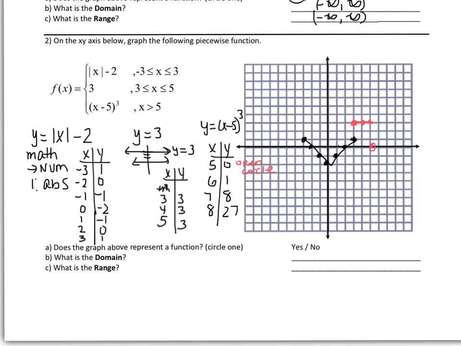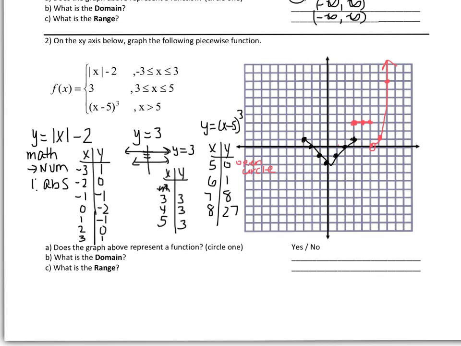Open circle. 6, 1. 7, 8. And that's all that'll fit. So here's part of my cubic function. And now this is my piecewise function, made up of an absolute value, a line, and part of a cubic.